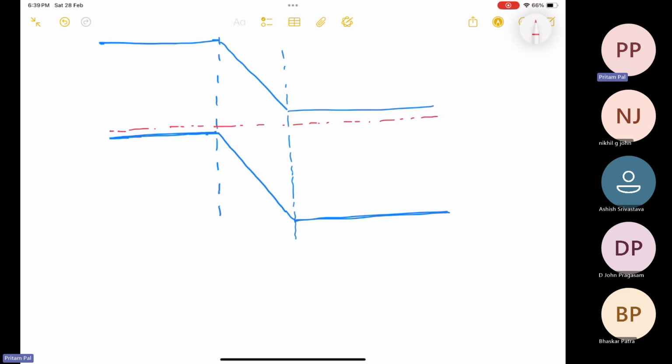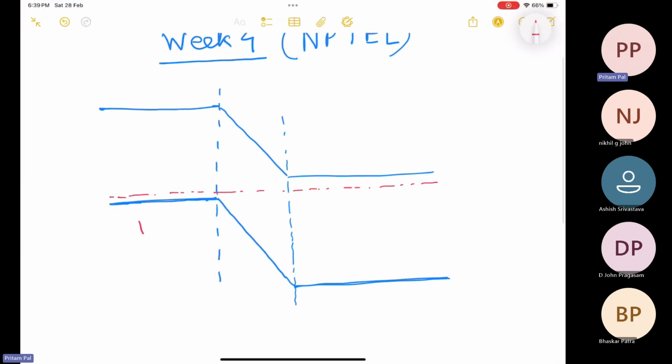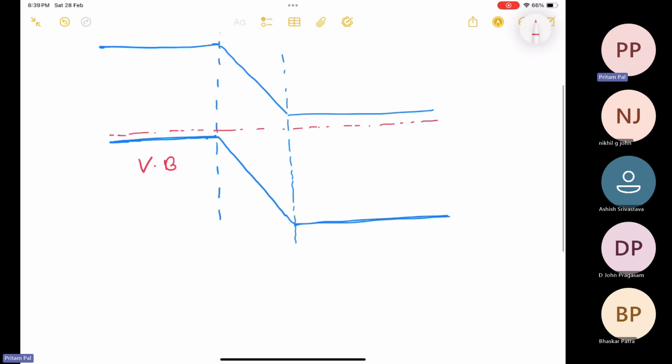So let me define this side. This will be the valence band on the P side. This region is the depletion region, because this is the P side.